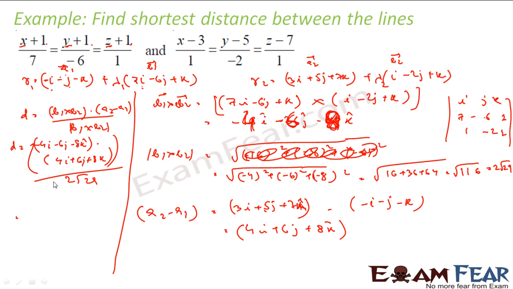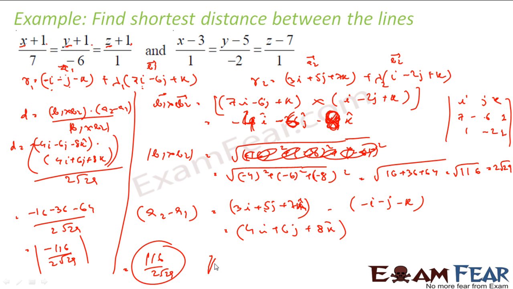So this becomes 4 into minus 4 is minus 16, 6 into minus 6 is again minus 36, 8 into minus 8 is minus 64, divided by 2 root 29, and that is minus 116 by 2 root 29. Since it is a distance, I will take the magnitude of this. So this becomes 116 by 2 root 29, and that is my answer.